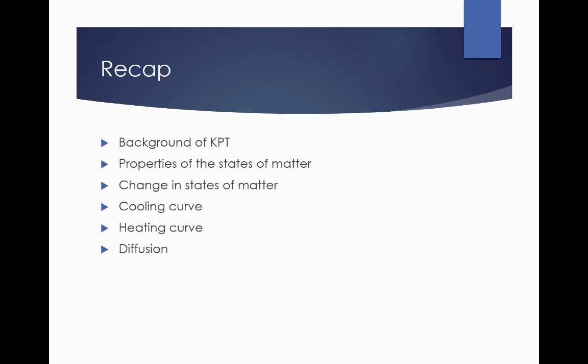We have looked through the change in states of matter, as well as the cooling curves and heating curves, and learning how to describe what happens when there is a change in state by focusing on the arrangement, the movement, and the attractive forces between the particles. And finally, we looked at diffusion, where we saw how diffusion can be affected by two factors. And we also looked at a few application questions involving diffusion.